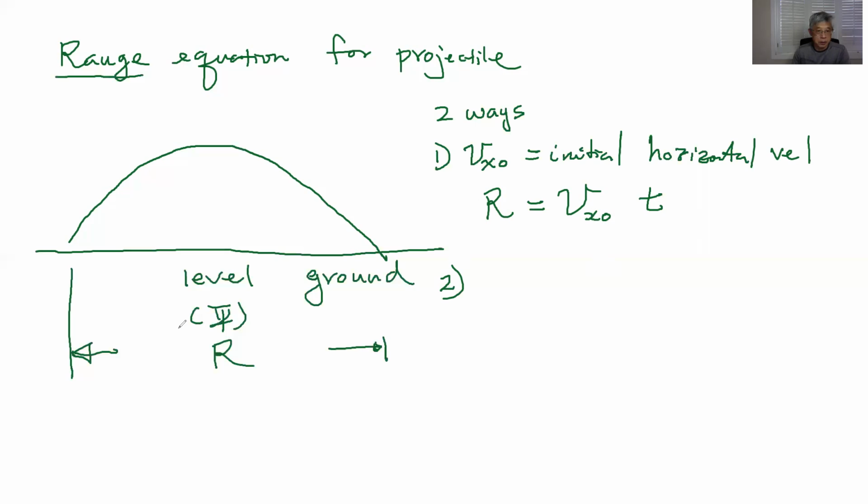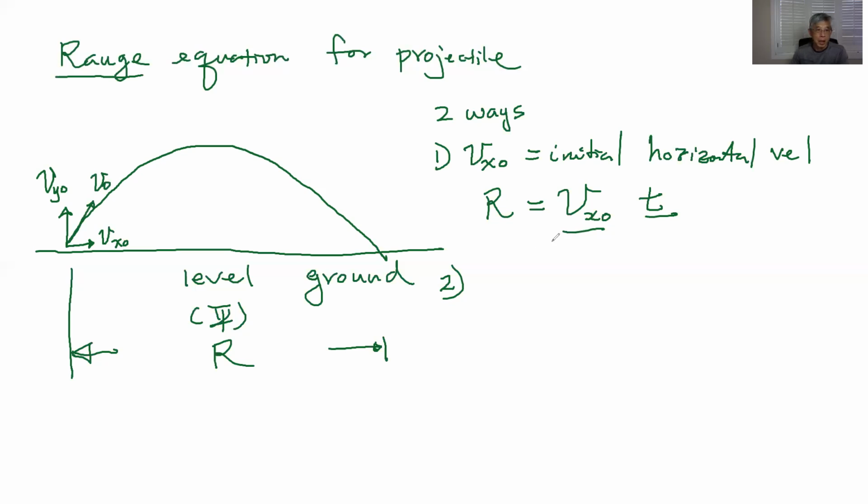So this is this R. And if you know the time, you know the Vx0. So this is called the Vx0 right here. Vx0. And this is the Vy0. Okay. And this is the V0, right? That's the V0.